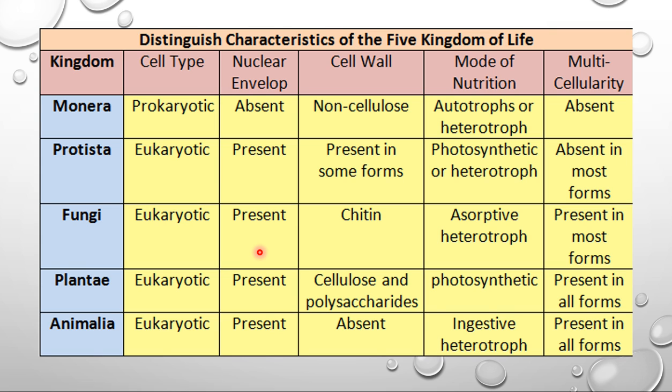So depending on all these characters, how many kingdoms are there in the classification system? In total there are five kingdoms. First is Monera, second is Protista, then Fungi, Plantae and Animalia.